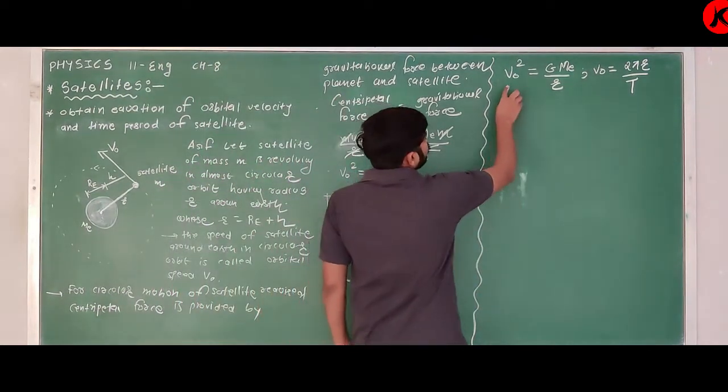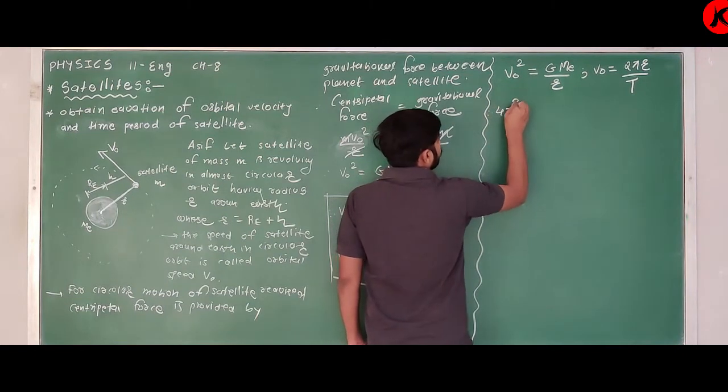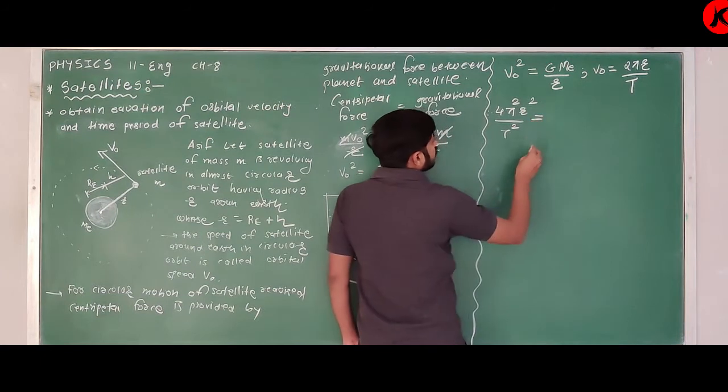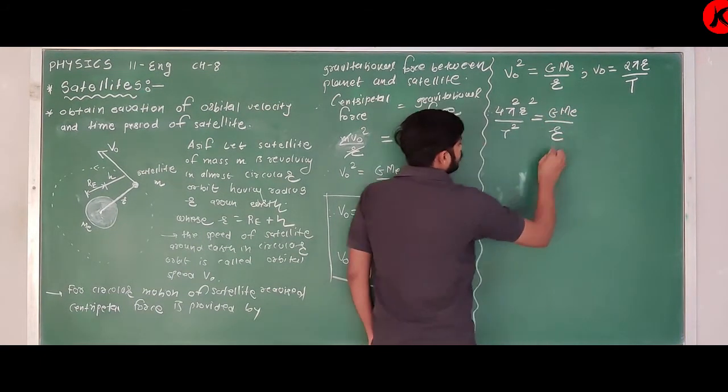So here it is V0 square. Therefore, 4 pi square r square upon T square is equal to G Me upon r.